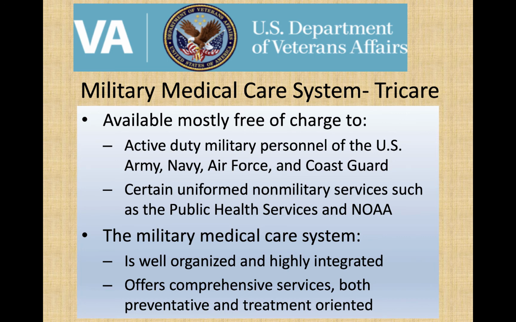Now, if you're in the military, then you're covered by something called TRICARE, and this is a military Medicare system, and it covers all the Medicare services, and again, you have to go to their services and their providers.